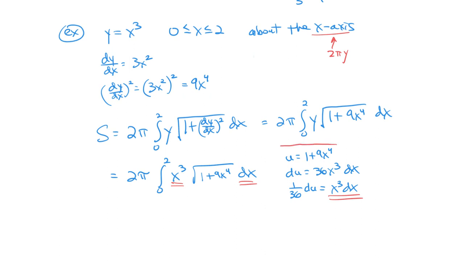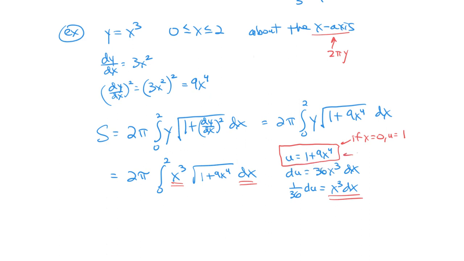You know, a lot of review of u substitution in this section. So over here, we're saying, okay, x goes from 0 to 2. So what does u do, right? If x equals 0, then u is going to be 1, because if x equals 0, put a 0 in here, u equals 1.